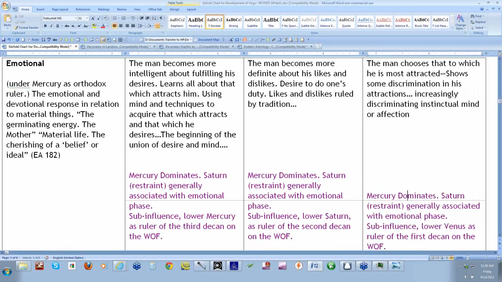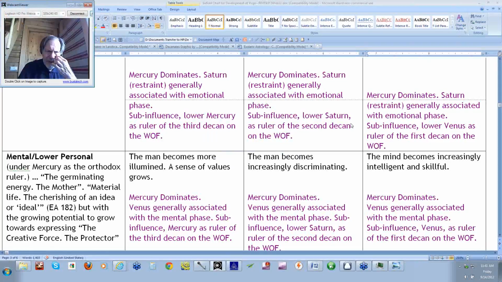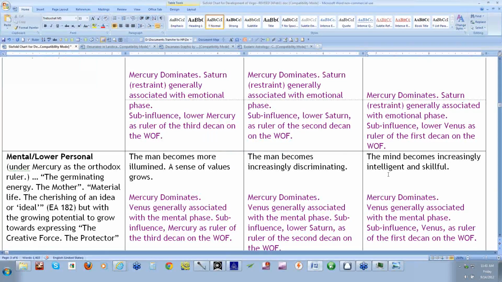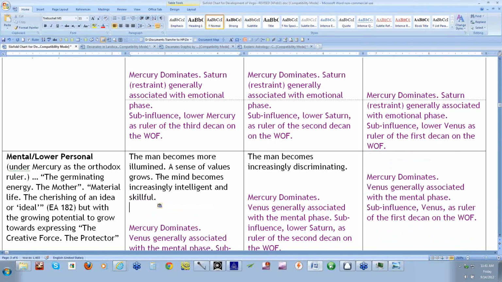All right. Now we move into the mental phase, and we will do that carefully. Okay, so now we're in this stage, which is mental and lower personal, and well, let's reverse this. The mind becomes increasingly, this would be for the third decanate.